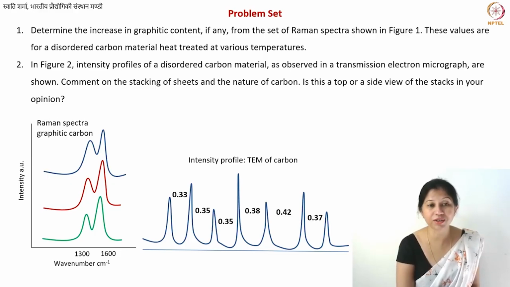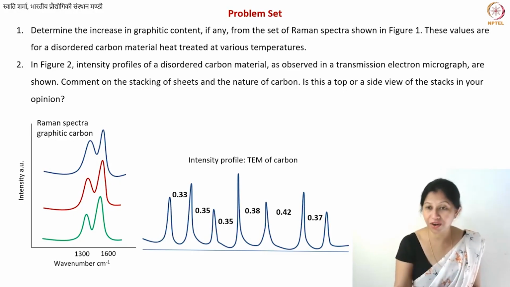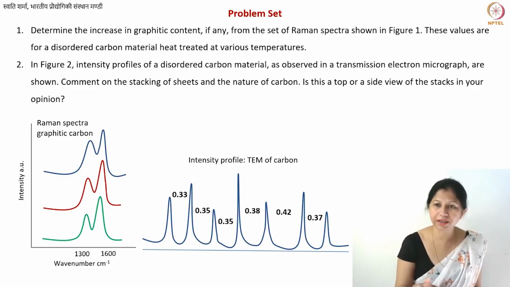So for example, the first one is on Raman spectroscopy. Raman spectroscopy is used at different temperature points, as you increase the graphitic content, for example, in a graphitic carbon. Graphitic carbon can be graphitizing or non-graphitizing type. When we say graphitic, now you know the definition of graphitic anyway.